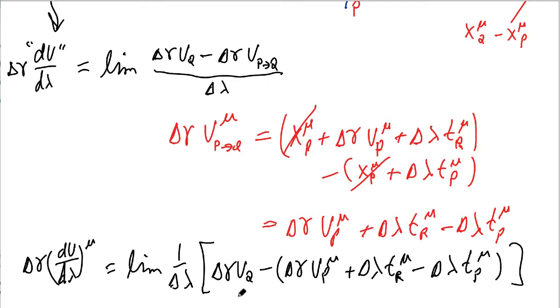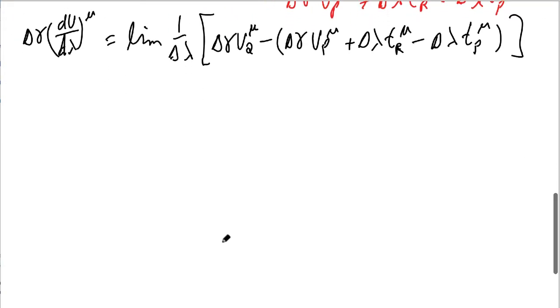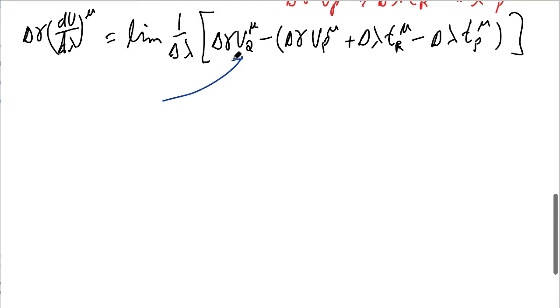Now let's take a closer look at the components of the vector v at point Q. I see I forgot to put in the index here. So let's take a closer look at this term. We have the components of V at point Q. The components of V depend on the point in space or space-time. So we're looking at the components at the point with coordinates x sub q.